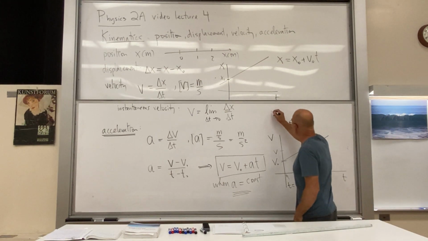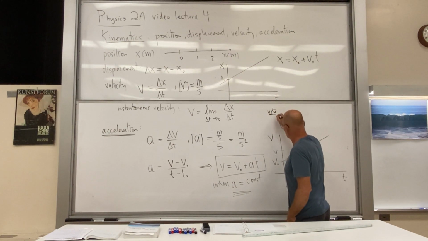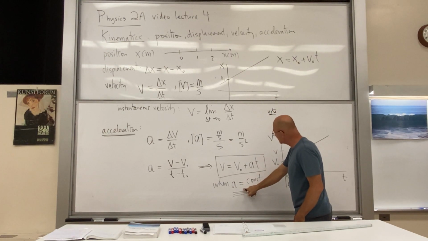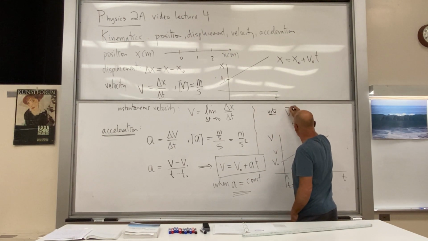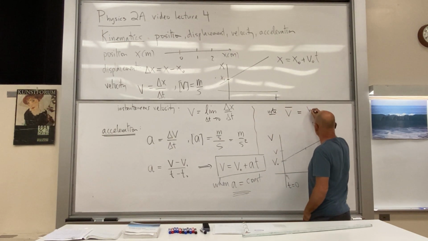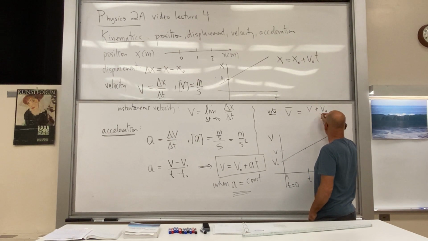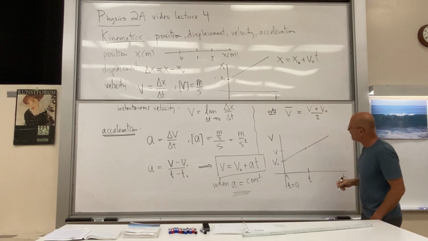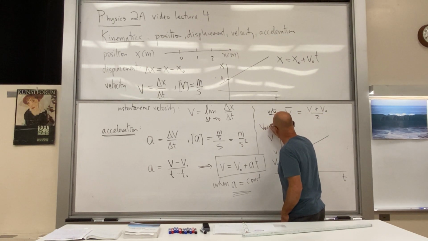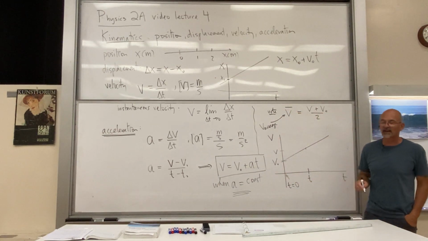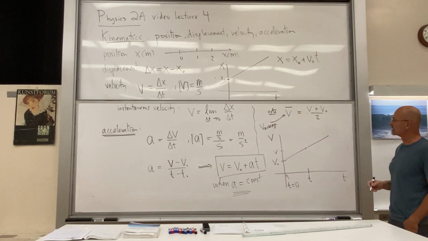So I'm going to put this as a note for future reference. And this is the constant acceleration case. v average is equal to v plus v0 divided by 2. And let's write v average: average velocity for this particular case, constant acceleration.